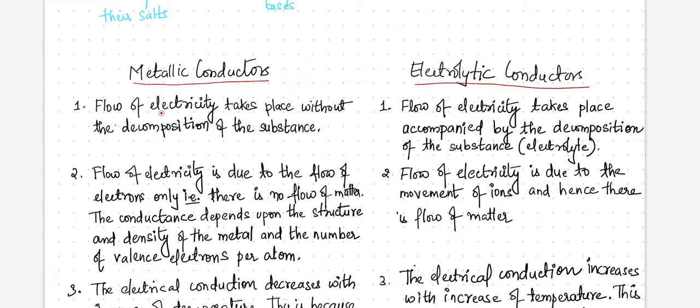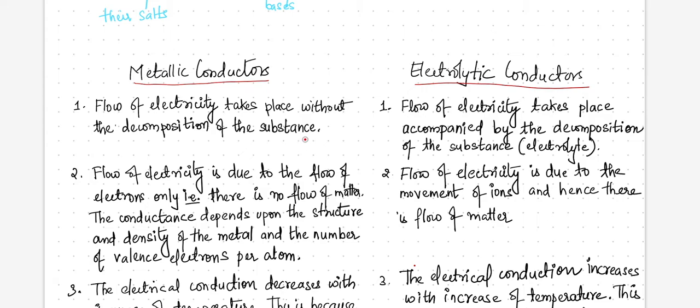The first difference is the flow of electricity. In metallic conductors, the flow of electricity takes place without any kind of decomposition of the substance, because it involves only conduction of electrons.